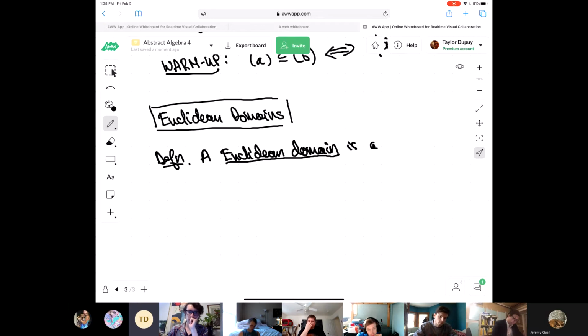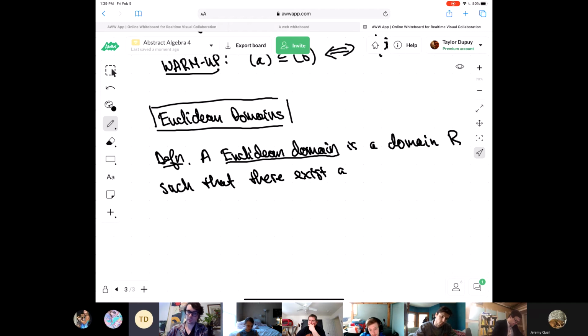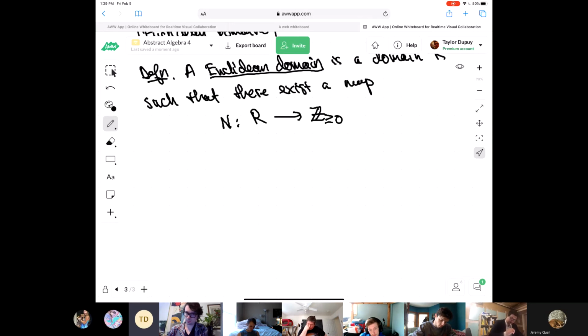So it's a domain R, actually, I don't know if we need the domain hypothesis, such that there exists a map N, maybe called the Euclidean norm, from R to the non-negative integers, greater than or equal to 0, with the following properties.